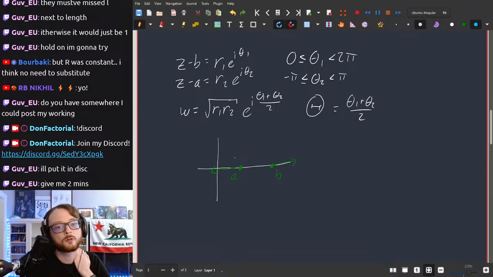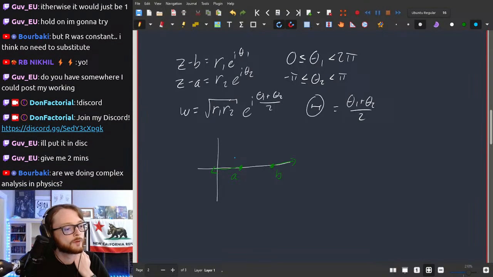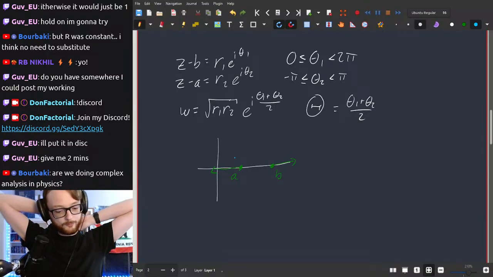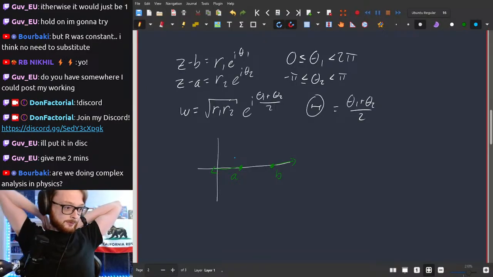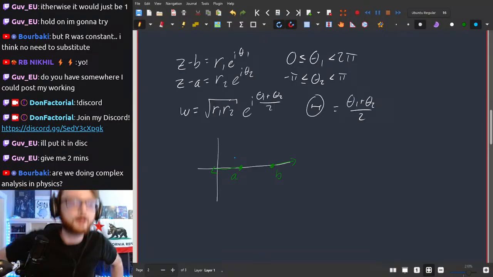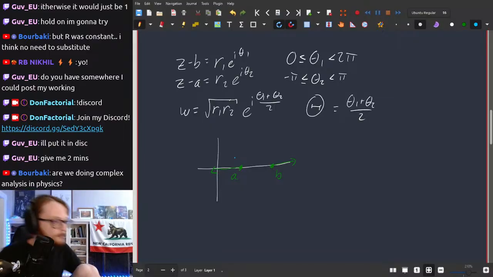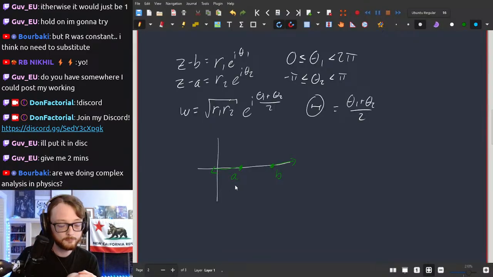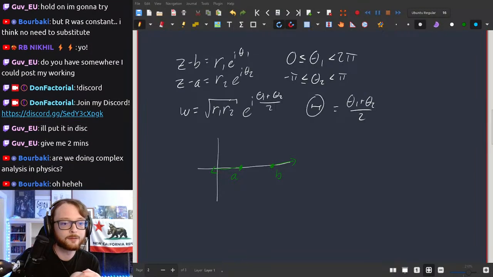Okay, so the complex analysis here is unrelated to the question we were just looking at. In the downtime when there aren't questions, I've been looking at branch cuts and just trying to learn more about them.